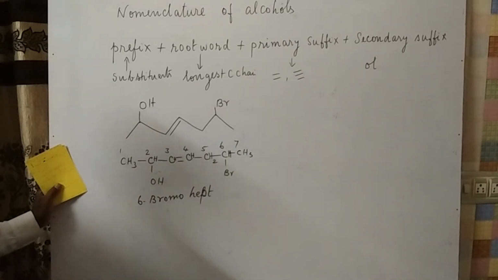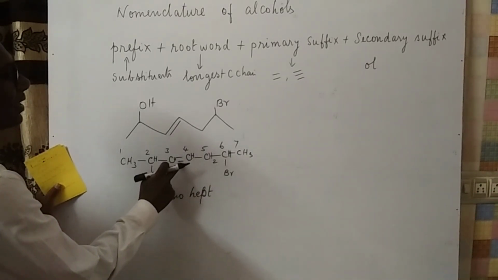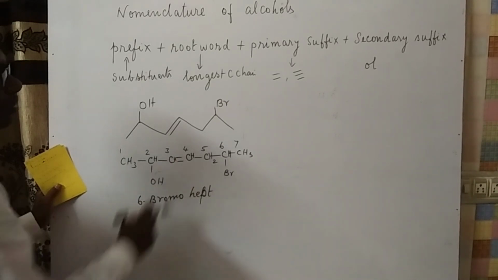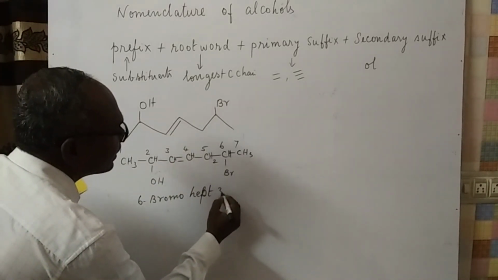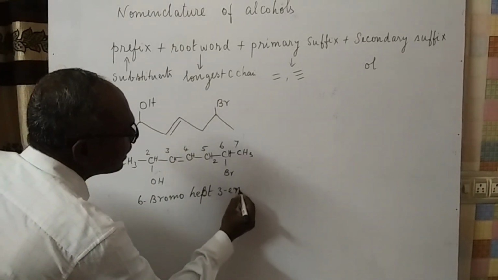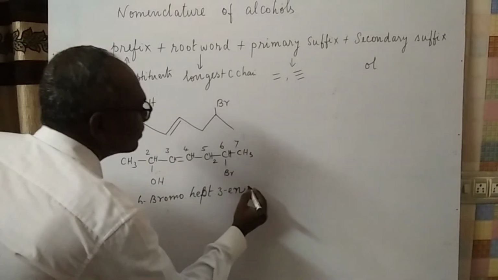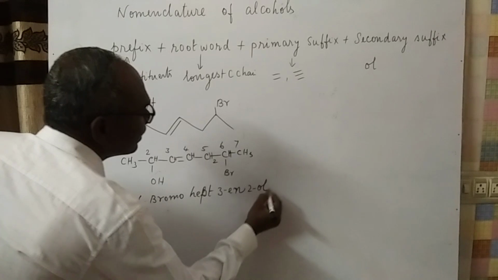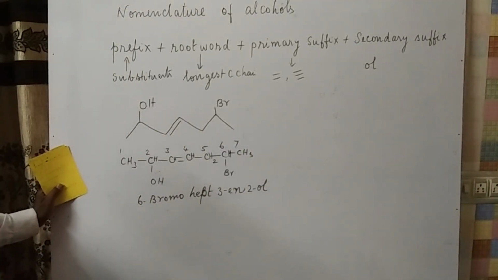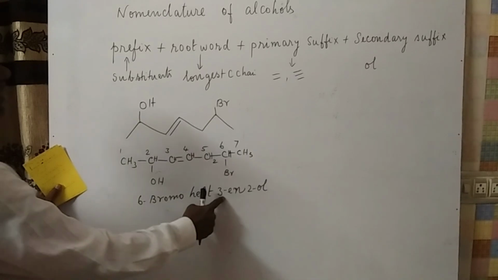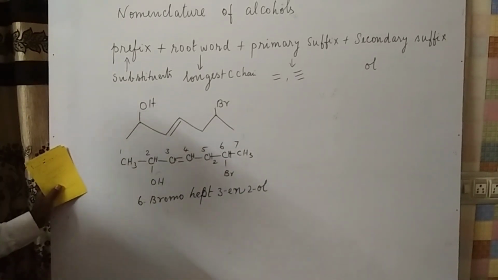The unsaturation is present between the third and fourth carbon, therefore hept-3-ene, 2-ol. Therefore the name of the compound is 6-bromohept-3-en-2-ol.